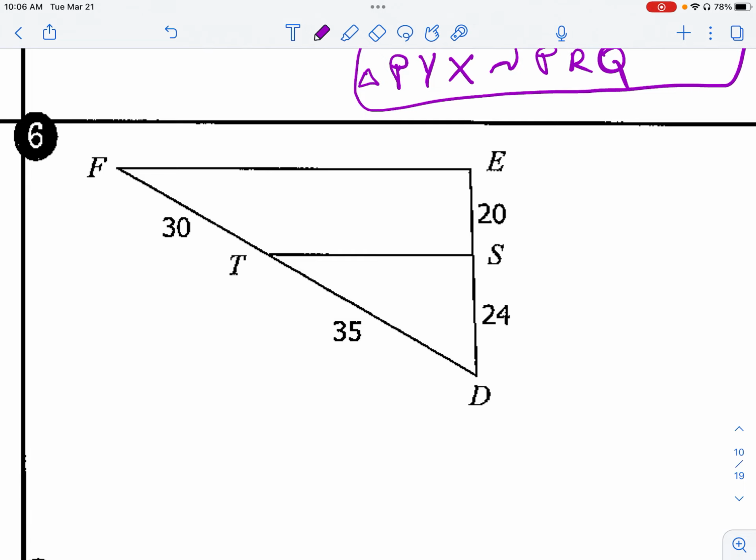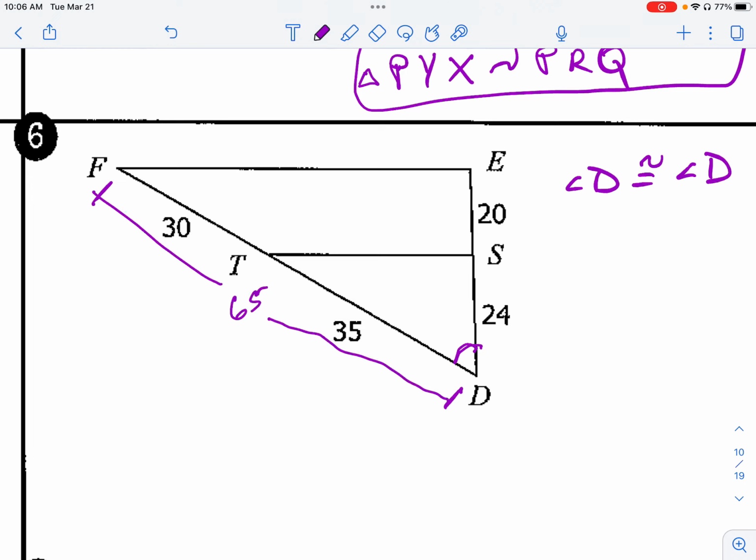All right, so we got sides and an angle. So here we got angle D, which is in both triangles. So angle D is congruent to angle D. So let's see what we got on the sides. And we have to remember that FD is going to be 65 because it's the whole distance. And ED is going to be 44 because it's the whole distance.